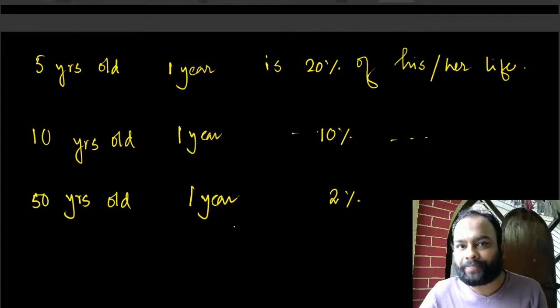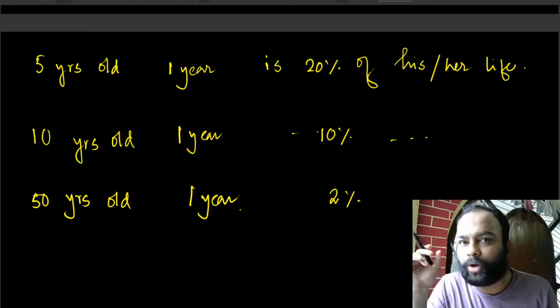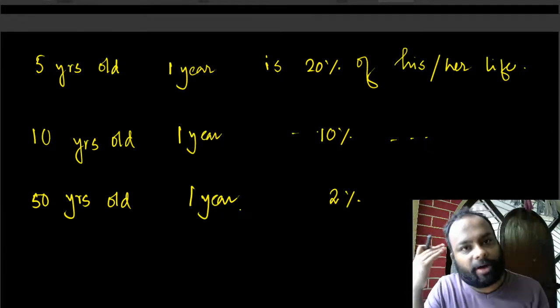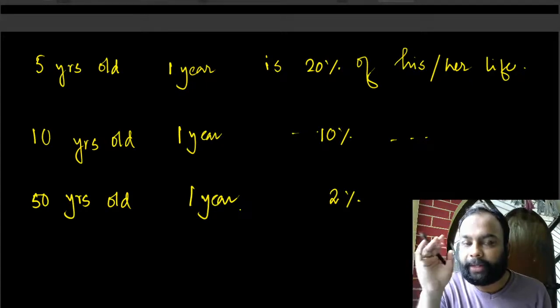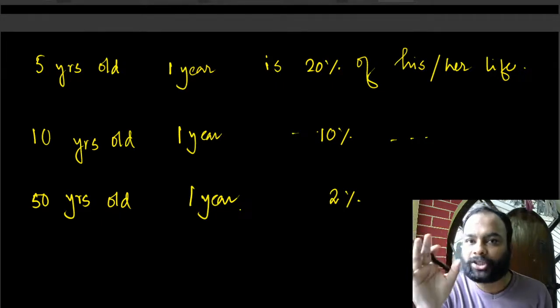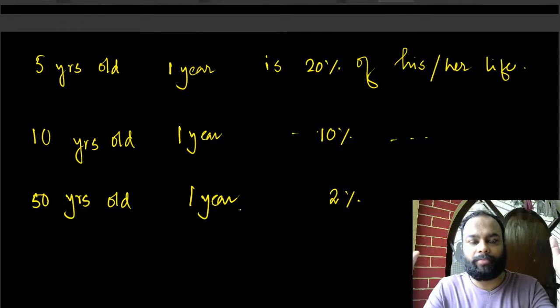As we grow older, the same amount of time feels significantly smaller to us, simply because the perception of time in our mind is entirely based on how old we are, right? Got it? So for a 5-year-old person, 1 year is like 20% of his entire life.